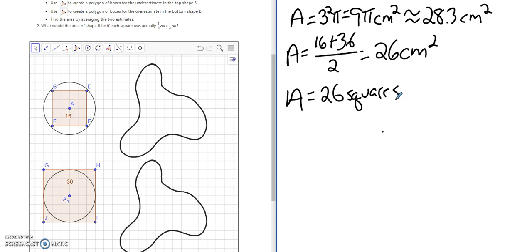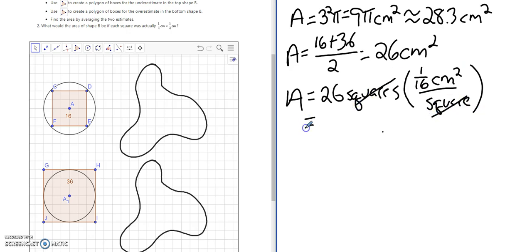If it's 1/4 by 1/4, that means that I have 1/16 square centimeters for each square. So what I have to do here is take the 26 and divide it by 16.